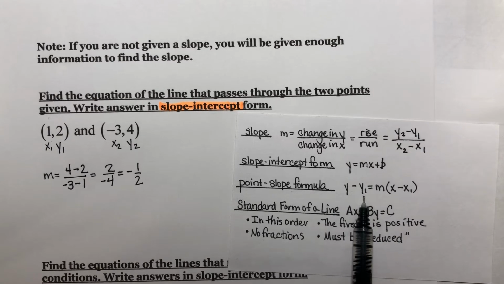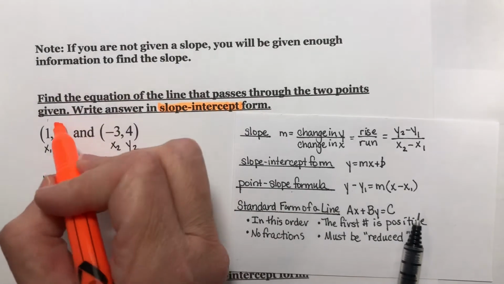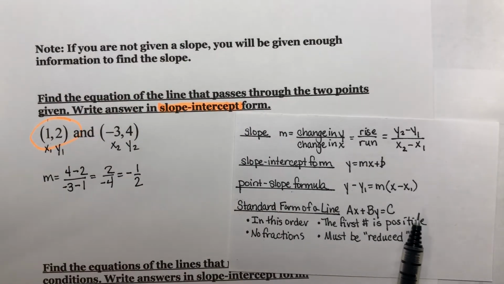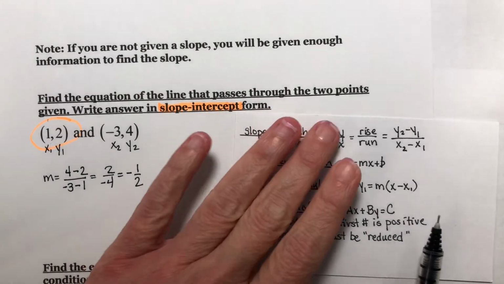You will end up with exactly the same answer no matter what. So pick the numbers you think look easier. And I think these 2 look easier because no negatives involved. So I'm going to use this one into this formula with this slope.